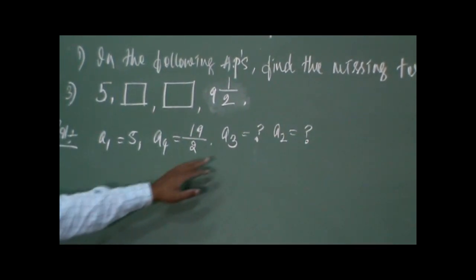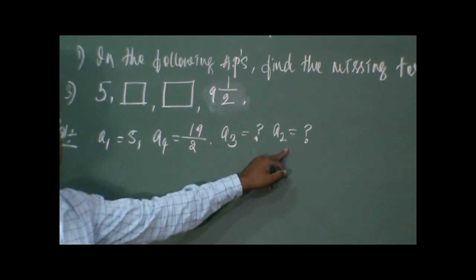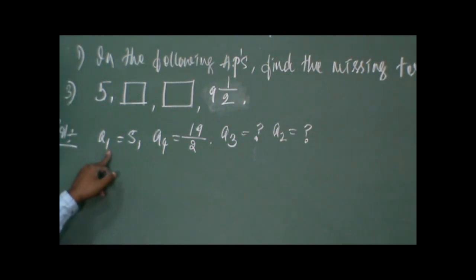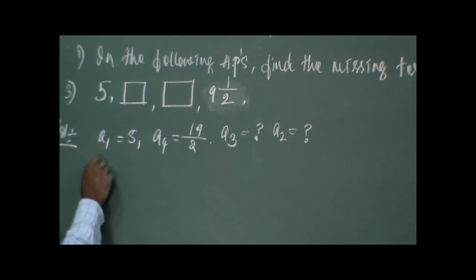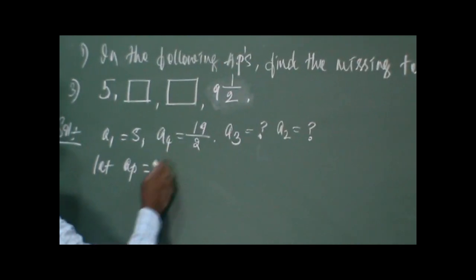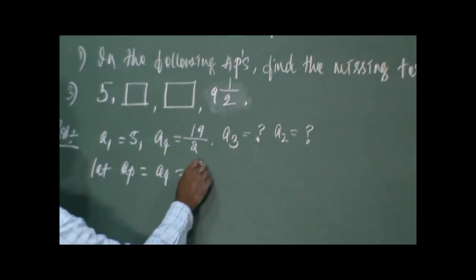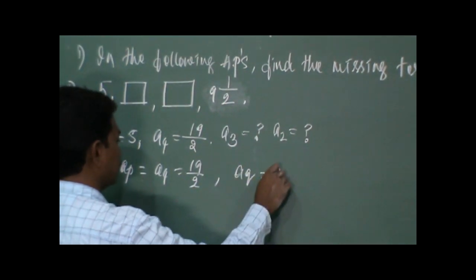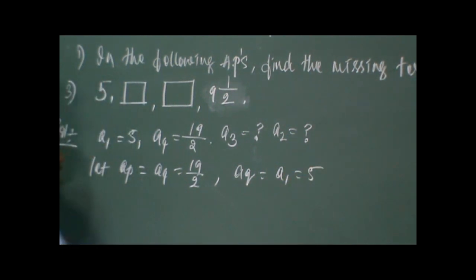In order to find out any term of a given AP, you should know the values of A and D of that AP. A is already ready here, we just need the value of D. So we can use the formula D is equal to AP minus AQ by P minus Q to find the value of D. So let AP be the bigger term, that is A4 is equal to 19 by 2, and AQ is equal to A1, which is 5.